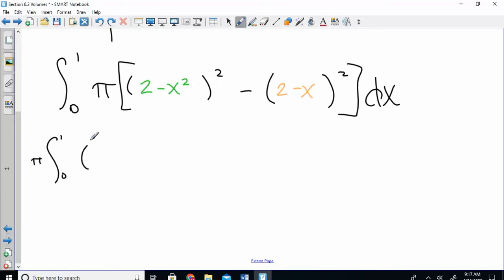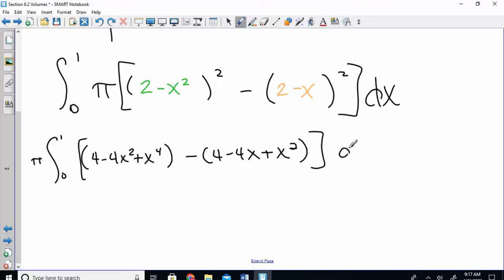All right, so we have a lot of FOILing to do here. If I FOIL this first one, 4 minus 4x squared plus x to the 4th, minus, FOIL that one, 4 minus 4x plus x squared.